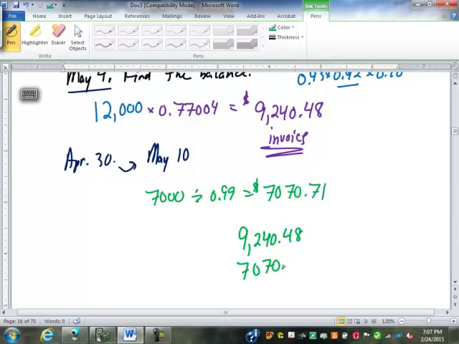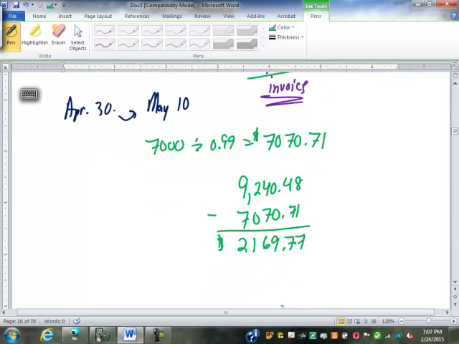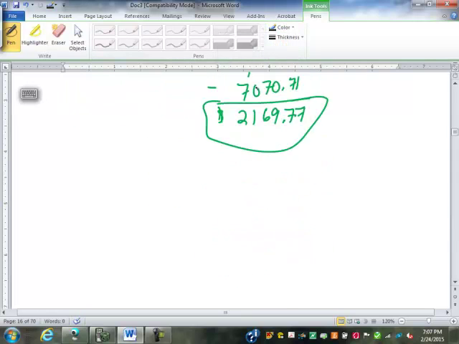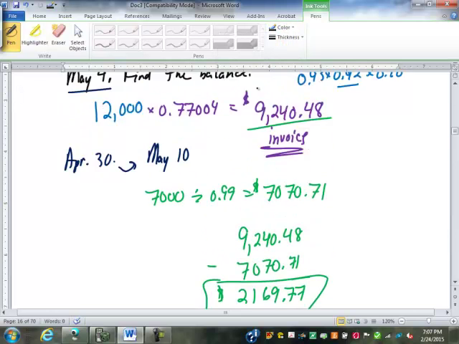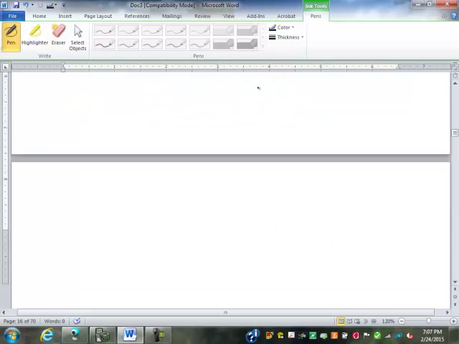So we take that invoice amount of 9,240.48 minus the 7,070.71. We get $2,169.77. Sound right? Any questions? Well then, let's keep going.